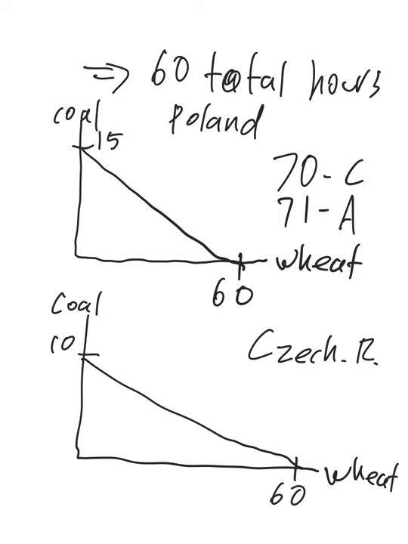Since the horizontal wheat axis is the same in each one, it's easy to tell immediately that Poland, when it comes to coal, clearly has the steeper slope. Therefore, Poland has the comparative advantage in the production of coal. So the answer to question 72 is A, Poland.